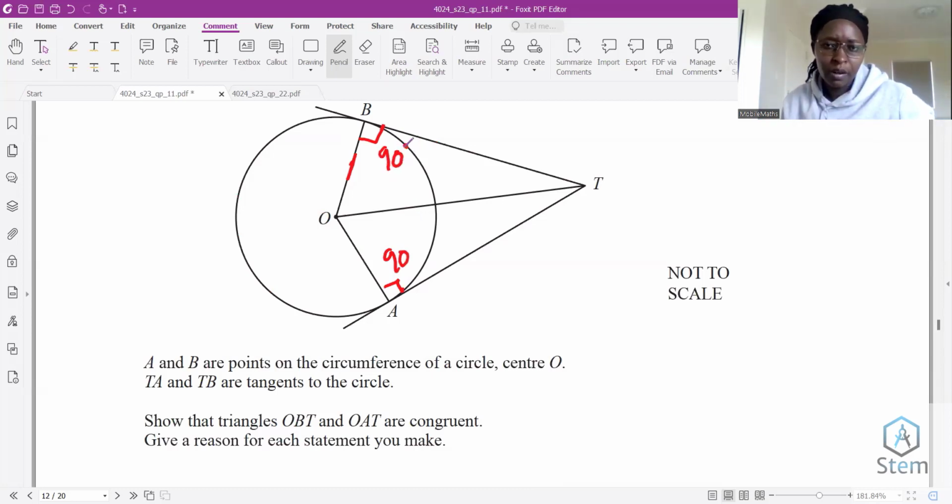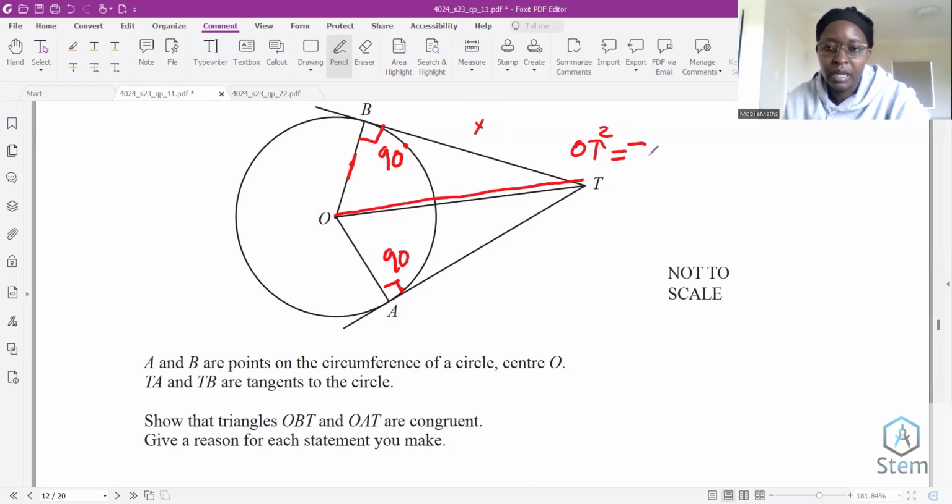Okay, then from this, we can use Pythagoras theorem and say, okay, fine, this OT line here, I can get it using this side. So I can say OT squared is equal to BT squared plus OB squared. Okay, then I can also get OT squared by AT squared plus OA squared.